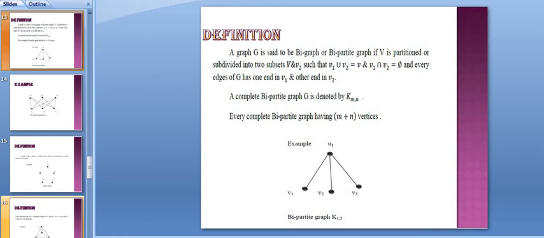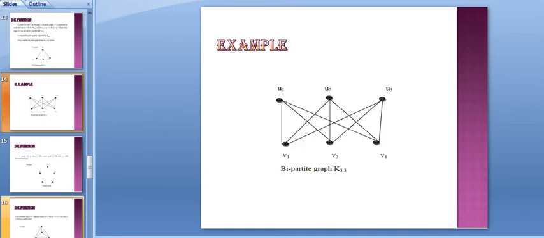Then it is called a bigraph or bipartite graph. A complete bipartite graph is denoted by K(m,n) and it has m plus n vertices. This one is an example for bipartite graph K(1,3). It is another example for bipartite graph.